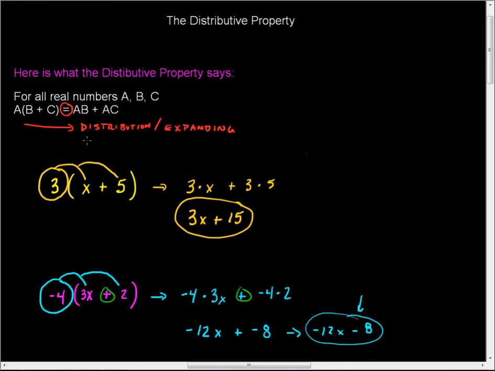If you go backwards, heading back this way, this is more commonly known as factoring. So you are given ab plus ac, and you have to factor out the a. This is known as factoring. It is the same principle. The same property allows you to do both. It's not different. Once you've learned the distributive property, you can go both ways, but it might be a little tougher to factor than it is to distribute.